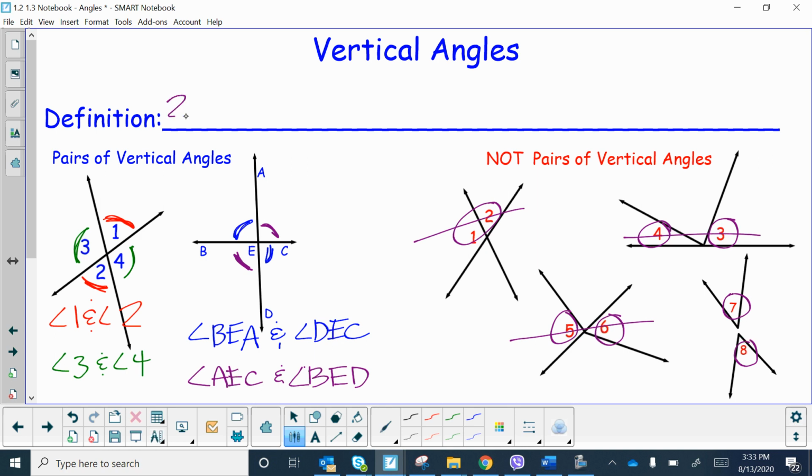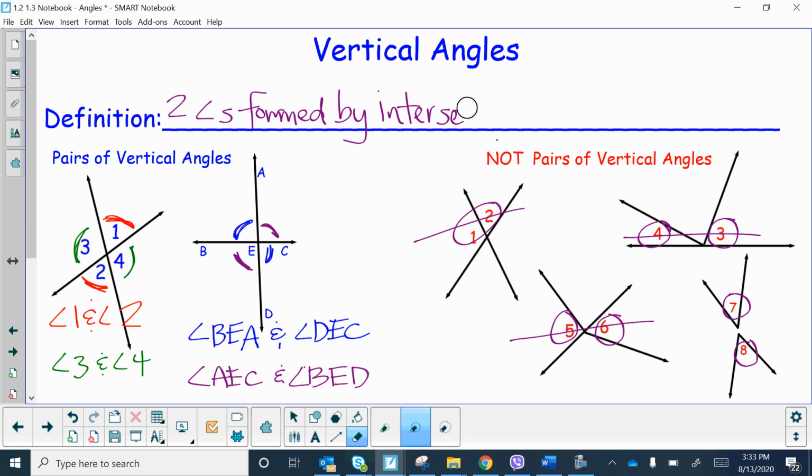So it's going to be two angles formed by intersecting lines. And I misspelled intersecting, so let me go back.